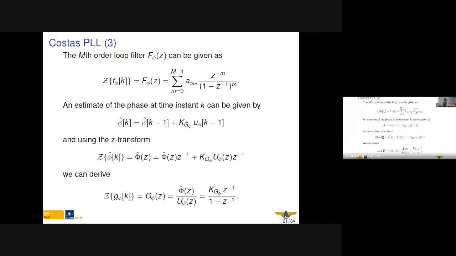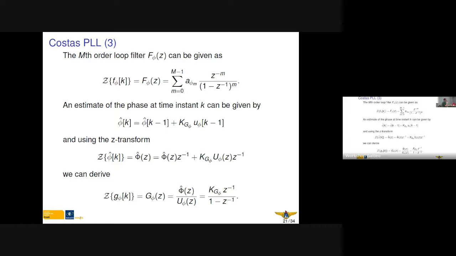Yes, and again, the mth order loop filter can be given here as an integrator or higher order integrator. Now we have the filter coefficients A, phi, m. An estimate of the phase at time instant k then can be given as phi of k minus 1 plus k g phi u phi of k minus 1, and u phi of k minus 1 is the output of the loop filter.